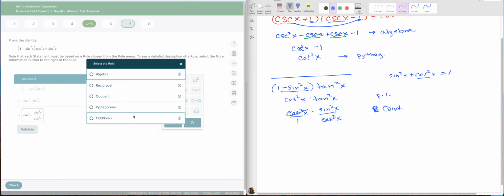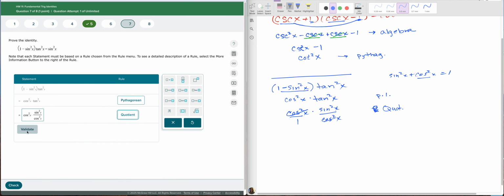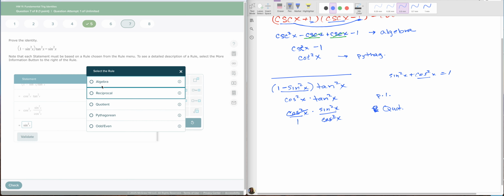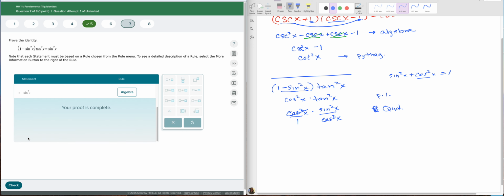And that's a quotient. Validate that. Excellent. Now we're going to do some multiplication like we did over here. When we do that multiplication, we'll just end up with sine squared x, and that is just some algebra. So I'll hit validate, and our proof is complete. Hope that helps, and that will conclude this video.